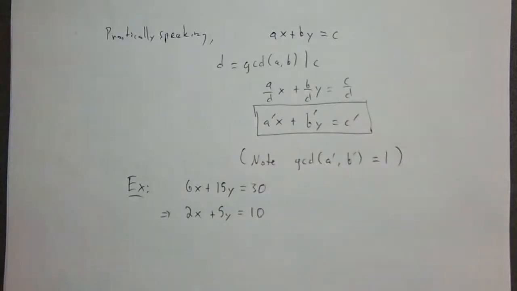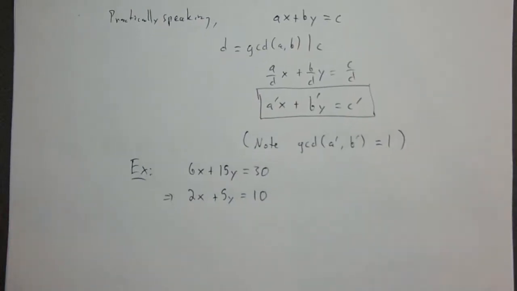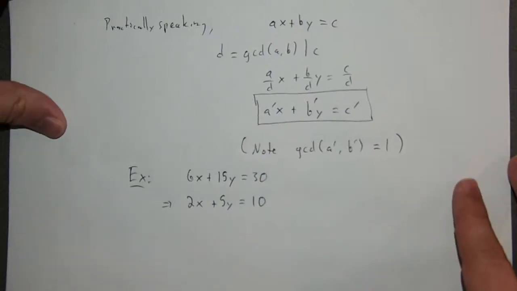So these are the same equation. This is slightly easier to deal with, and it means the guaranteed solution that we get is going to be in a slightly nicer form, just because all the numbers involved are going to be smaller. Again, this isn't a huge deal, but this is the idea.